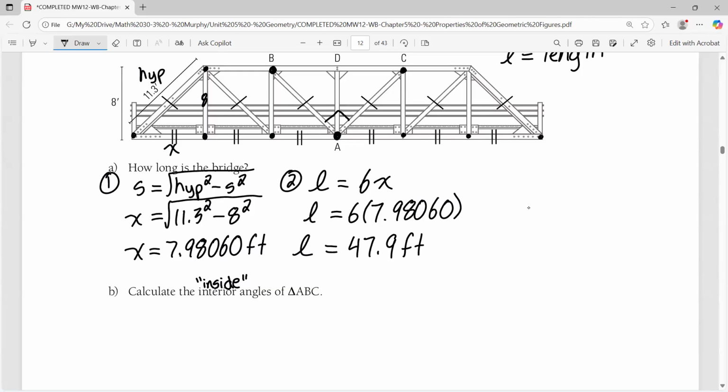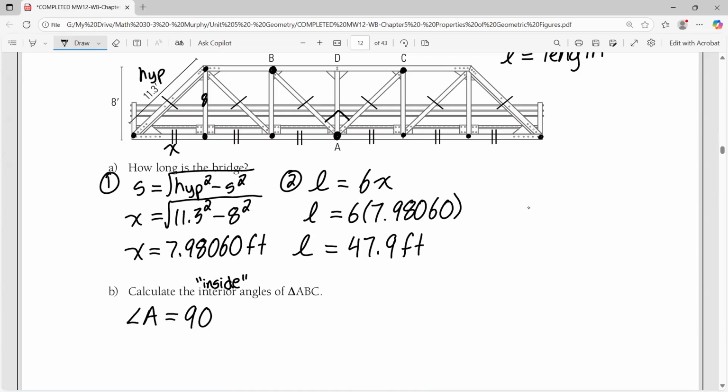Angle A, so angle A is a 90. We know that. Now, if you have two side lengths that are the same, that means this angle and this angle are also the same, equivalent. So because it is isosceles, and if you ever have to reference the triangles, they're back in lesson 3, part 1.